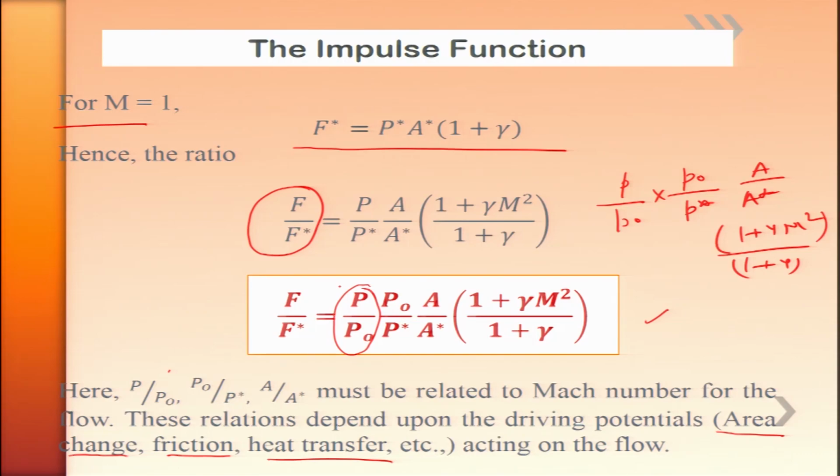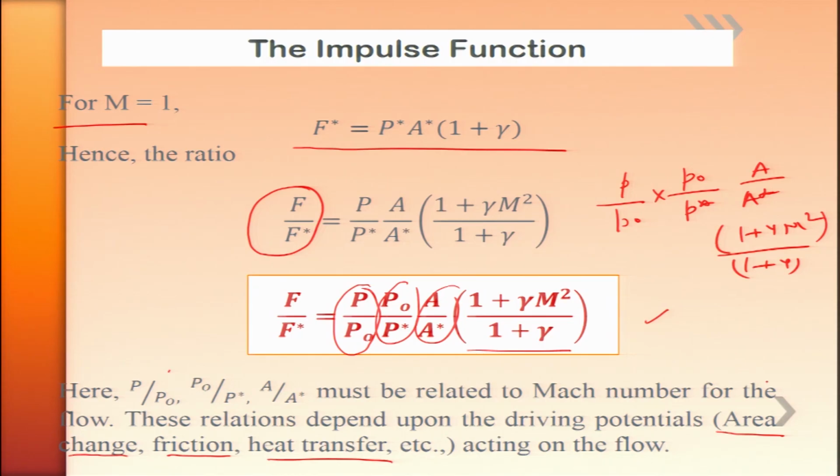That means if we look back at f by f star, these driving potentials, that is P by P naught by P star, A by A star, and this is the same for every case, this must be replaced according to the flow under investigation out of these 3 which I have discussed.